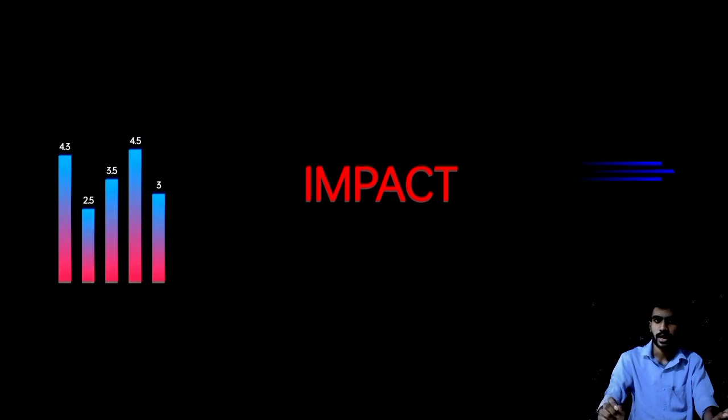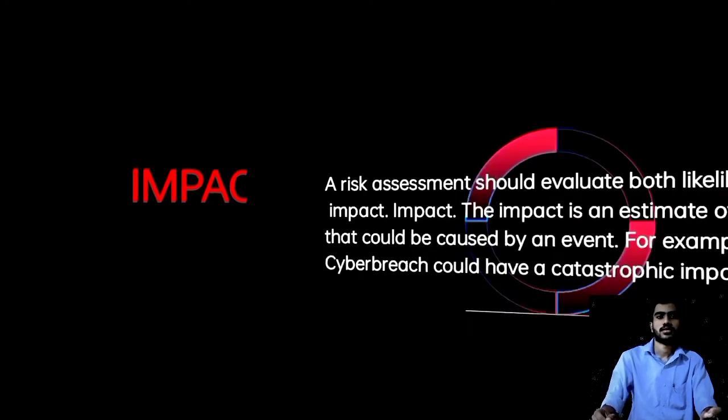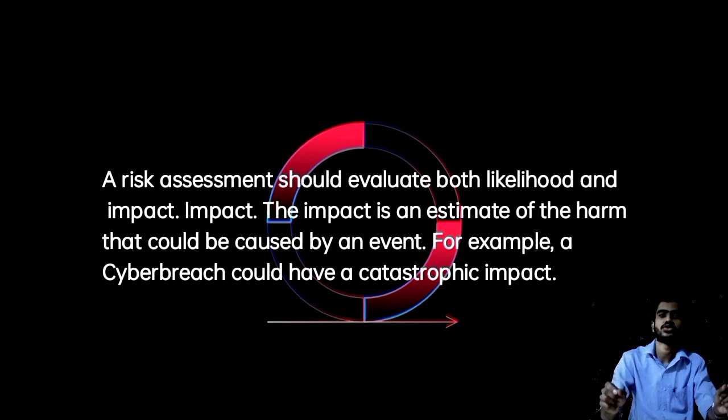Now, let's look into the impact. A risk assessment should evaluate both likelihood and impact. The impact is an estimate of the harm that could be caused by an event. For example, a cyber breach could have a catastrophic impact.